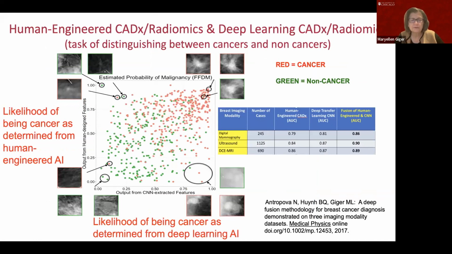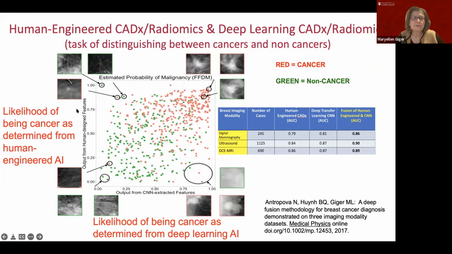We always try to understand why something works or why it does not work. So here we had a database, probably around 900 or so. These images are confirmed by biopsy. So they're outlined in red if they're cancer and outlined in green if they're benign. So each dot here is a case.